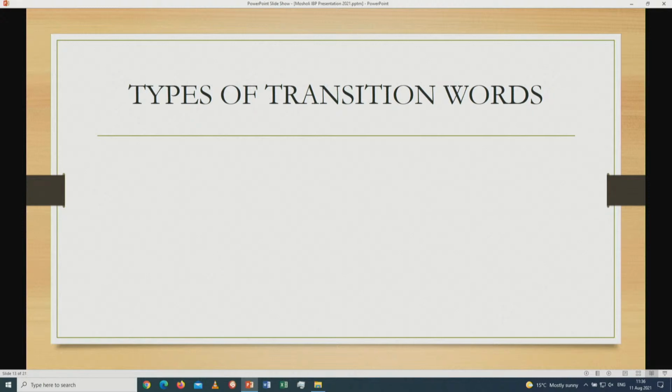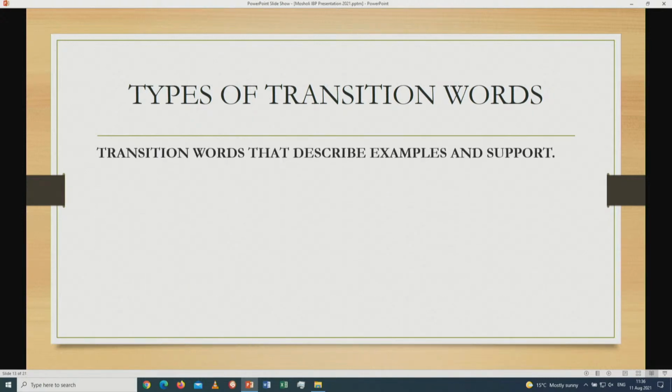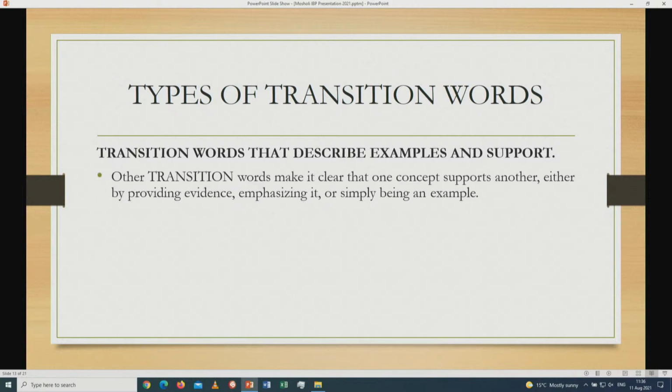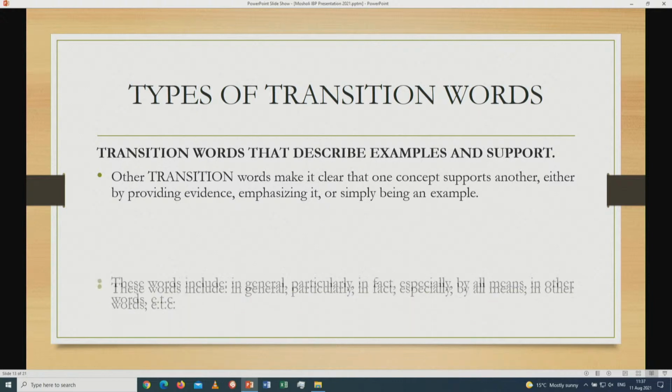Types of transition words: transition words that describe examples and support. Other transition words make it clear that one concept supports another, either by providing evidence, emphasizing it, or simply being an example.